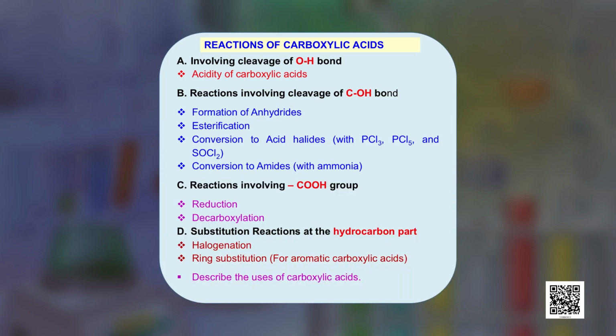Now, the reactions can be explained in four categories. First is involving cleavage of the OH bond, where acidity of carboxylic acids will be explained. Then reactions involving cleavage of the C-OH bond, that is the C-O bond, wherein formation of anhydrides, esterification and conversion to acid chlorides will be discussed, as well as conversion to amides with the use of ammonia.